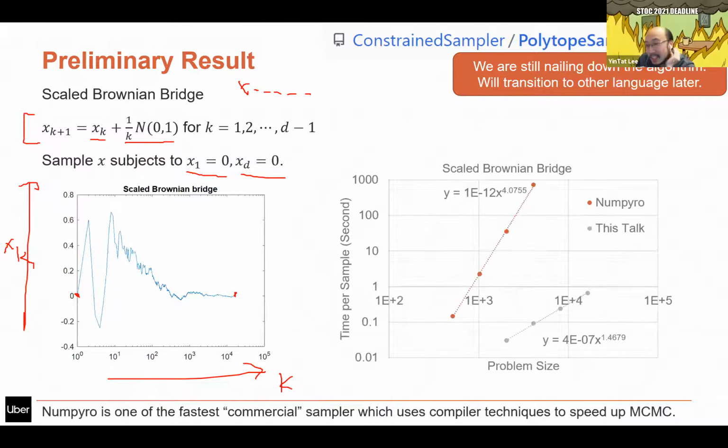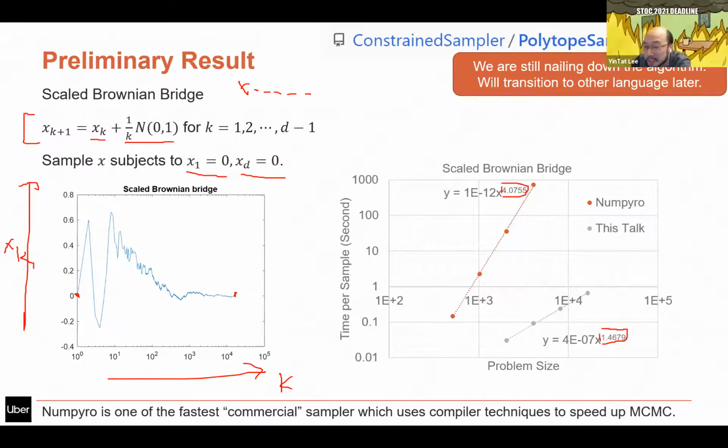So here is a plot of our algo versus some other commercial software. A student told me NumPy is one of the best commercial software currently. So you can see our algo is slightly better than them. You see we improve the running time exponent from 4 to 1.4.